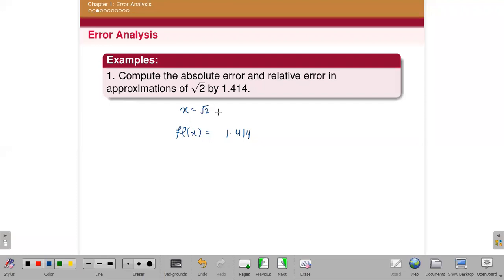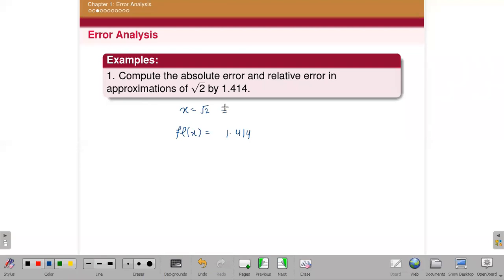So what you do, if it is mentioned that you have to take the exact value as 5 decimal places or 6 decimal places, then it will be okay. But if it is not mentioned how many digits, then you write this √2 into the calculator, then it will show up to 11 or 12 digits. Then you have to write all the digits here. So now tell me what is √2?